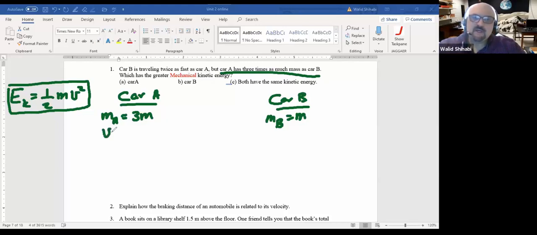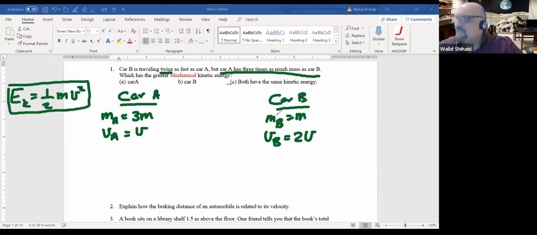So if the speed of car A is V, what would be the speed of car B? Since car B is twice as fast as car A, if car A has a speed of V, then car B has a speed of 2V. Okay, we'll assign it 2V. So this is how you deal with these problems that do not give you numbers.